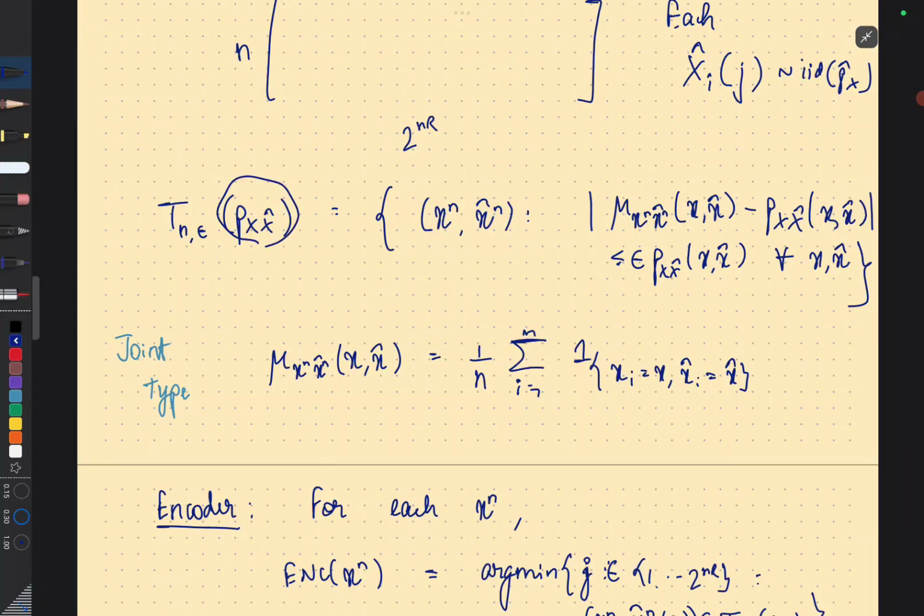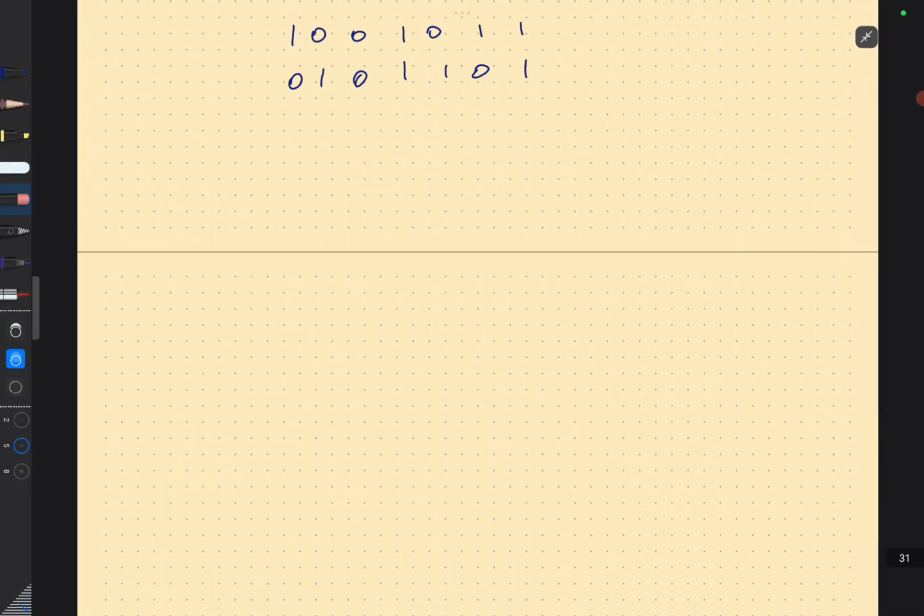Because the jointly typical set for a joint distribution inherits all the properties that the typical set has for a given distribution, because you can just combine pairs of symbols together to form one super symbol. Right? So let's note these things down.